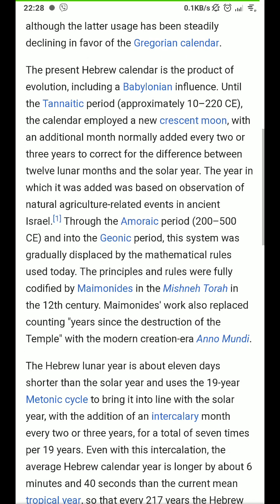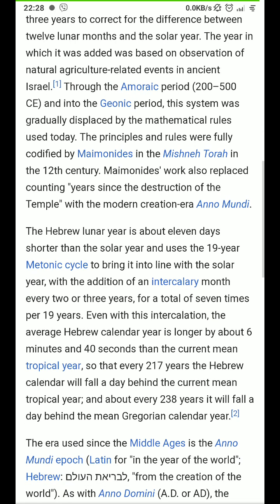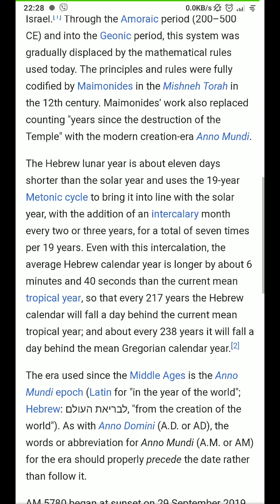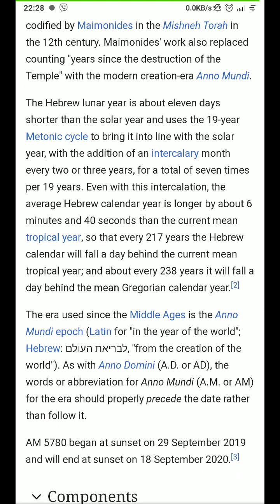So we see that they added the 13th month. So we see the Hebrew lunar year is about 11 days shorter than the solar year, and they make this 19-year Metonic cycle.